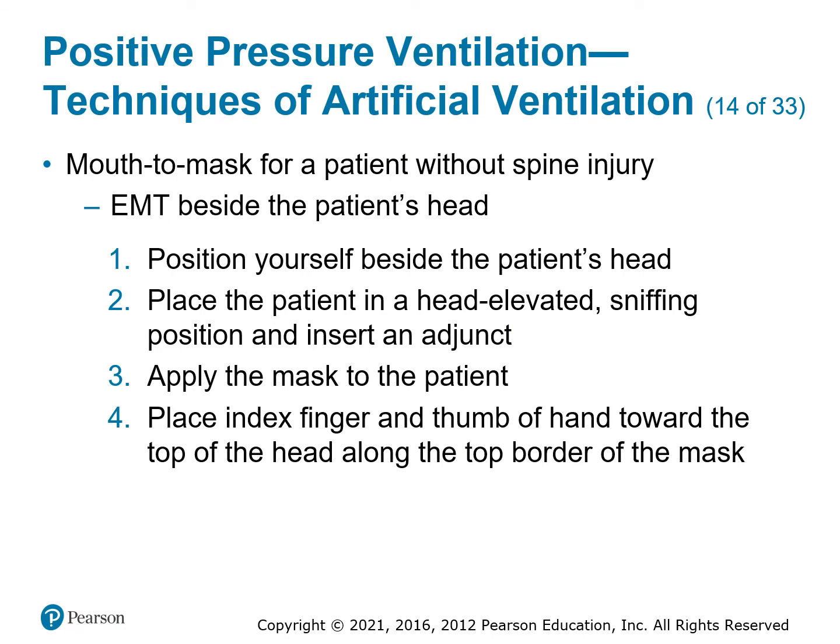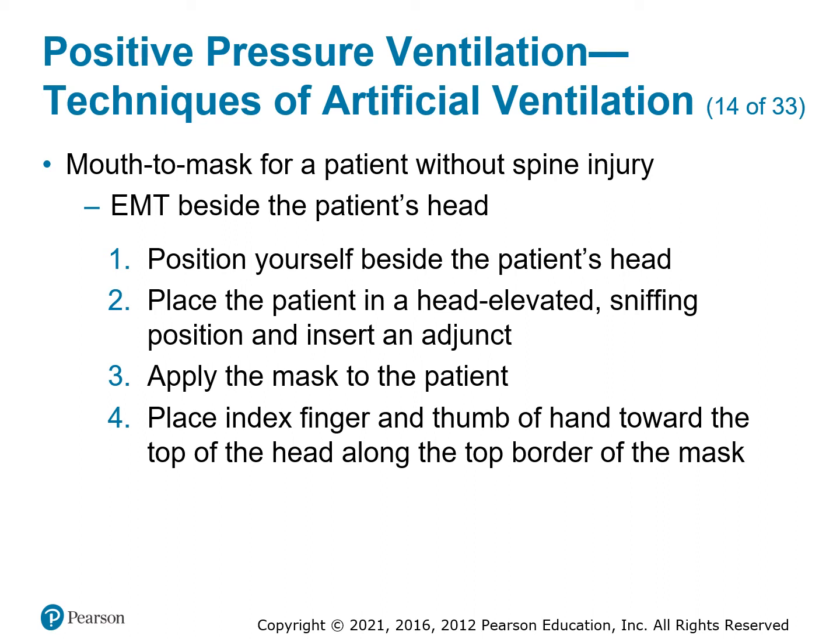So the previous steps will work with a patient with or without a spinal cord injury. However, if we know the patient does not have a spinal cord injury, we can be a little more manipulative with the airway. So at this point, we can position ourselves beside the patient's head. We can again use that sniffing position, applying our mask.